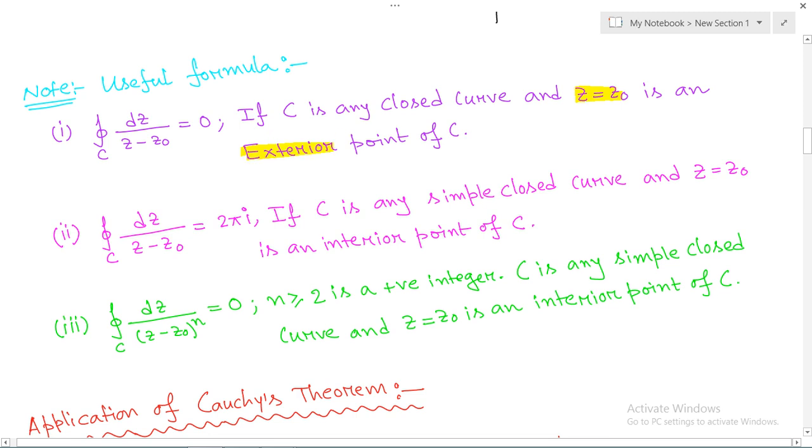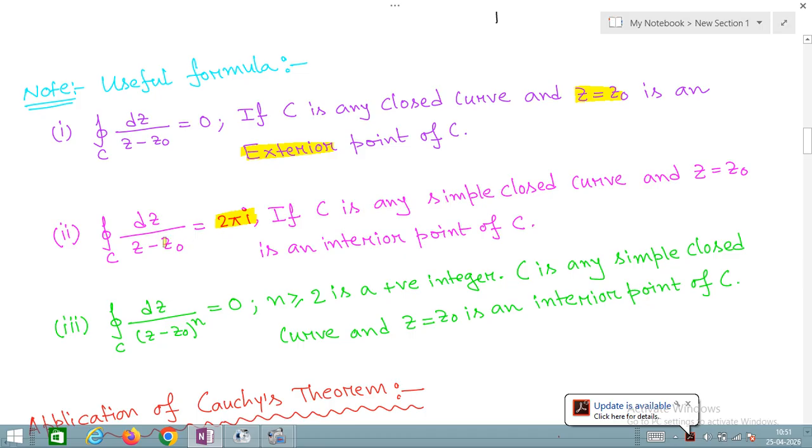Those things we will explain later in the applications of Cauchy's theorem while we do the problems. The second property says that the integration over the closed curve C of dz upon z minus z0 must be equal to 2 pi i, where this point z0 is an interior point of the curve.